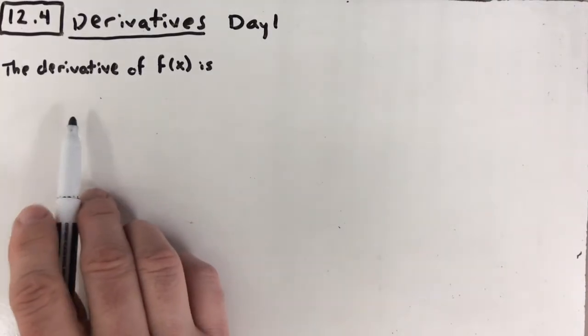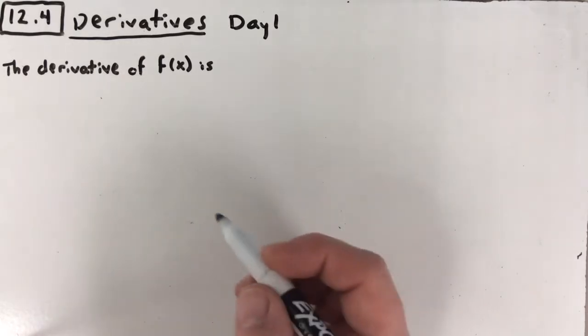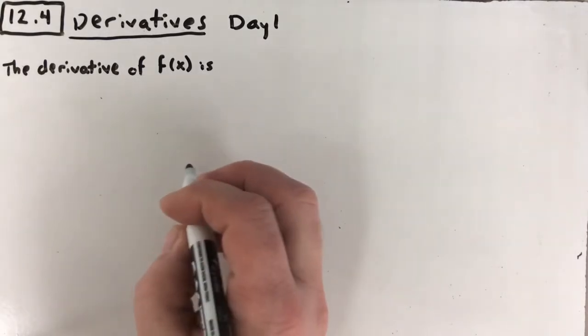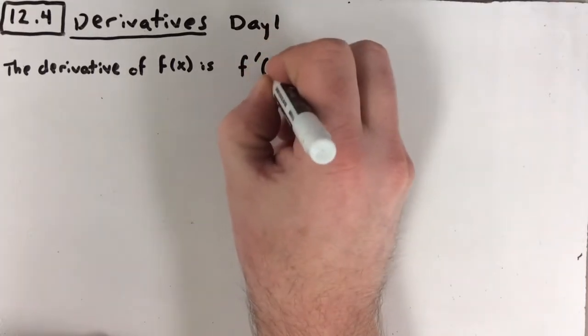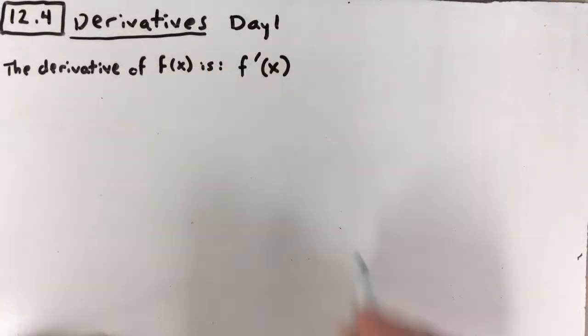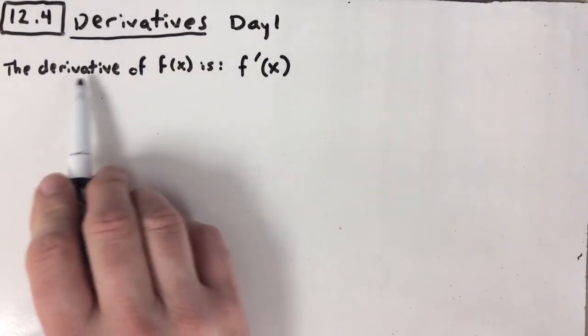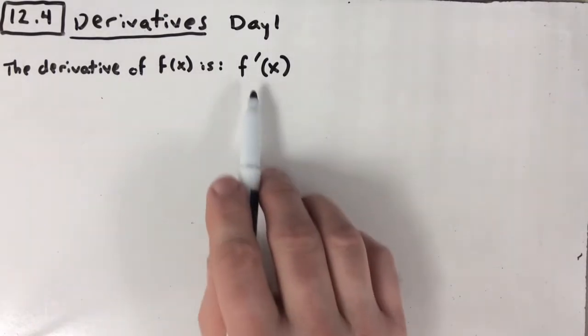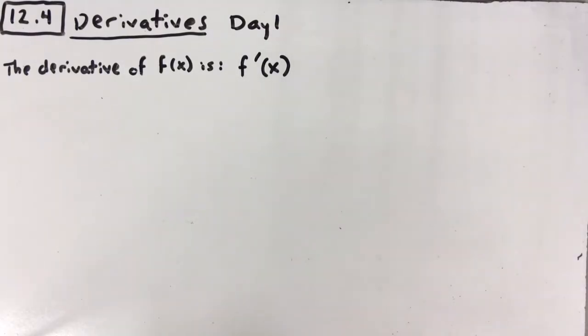Not complicated at all. The derivative of f of x is, according to our book on page 766, this. First of all, instead of calling it the slope of the tangent line, they're going to call it the derivative, but it's really the same thing. And then this is the notation, or at least one of them, that books typically use.